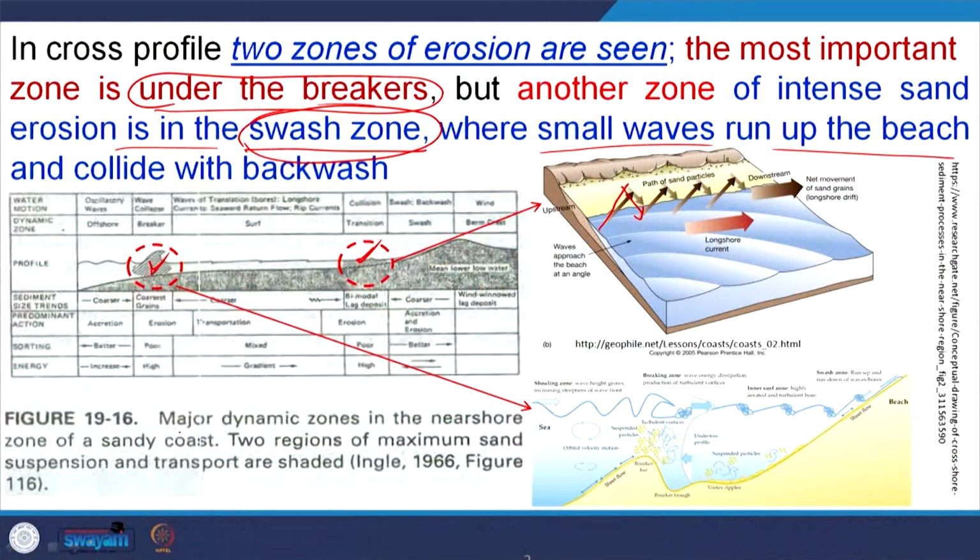In this figure, the major dynamic zone in the nearshore zone of a sandy coast has two regions of maximum sand suspension and transport, which are shaded here.